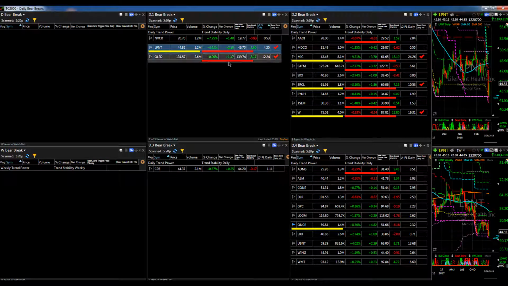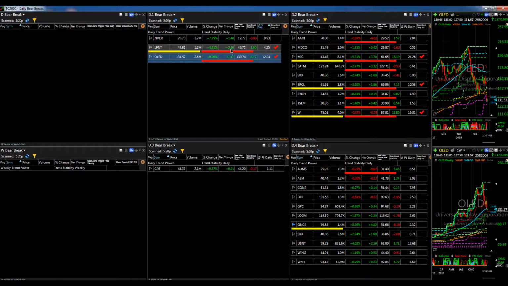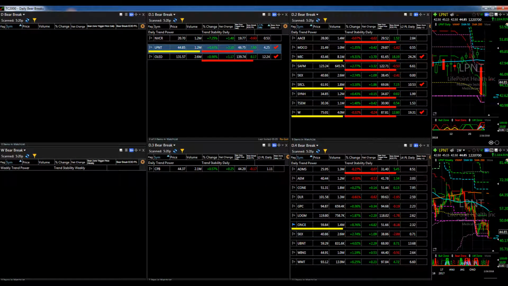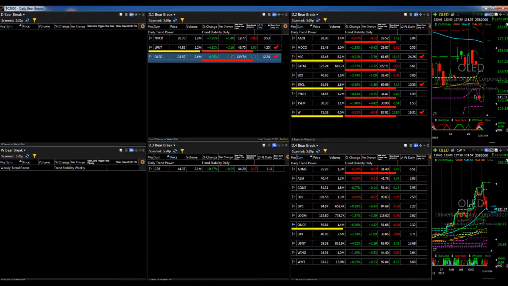They still have downside momentum, but both these stocks bounced today. All 3 of these stocks actually bounced today. And this one was at support on Friday when it closed, and it just opened at support and came right back up. OLED is sitting here holding the support line as well.